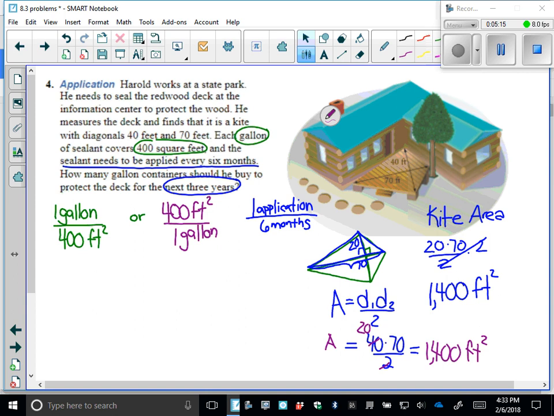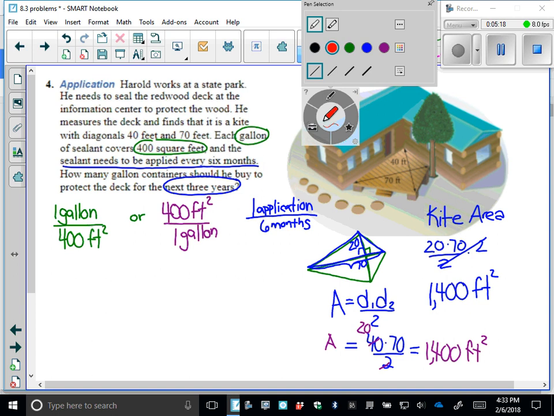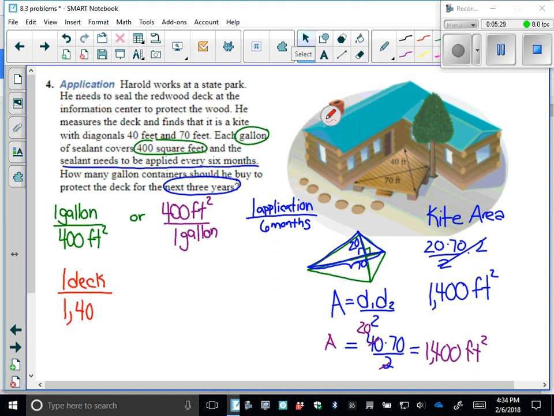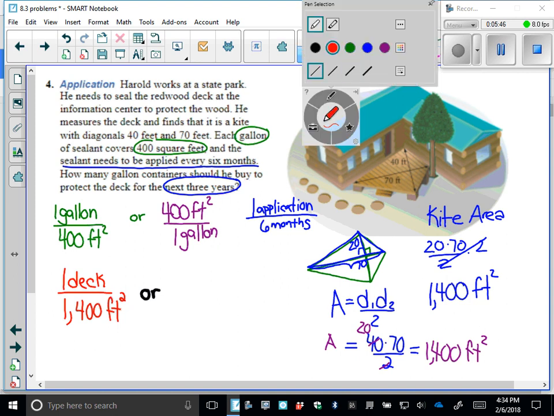So, in other words, one deck is congruent to 1,400 square feet, or you can think of it as 1,400 square feet is the area of one deck.